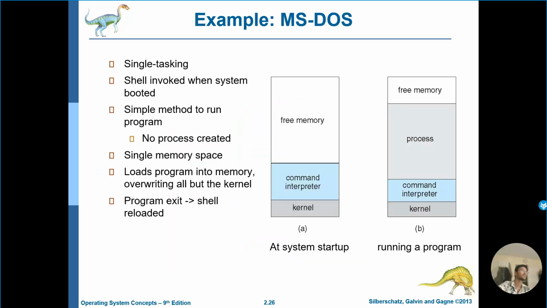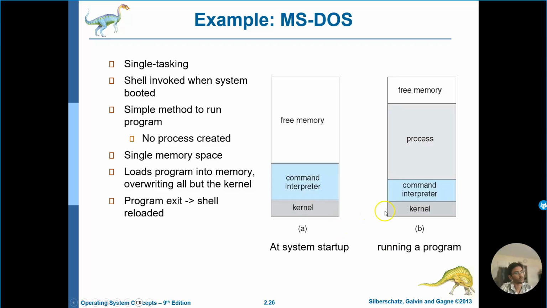This is an example of how single tasks are processed. So what does the stack, how does memory look? At system startup, you have the kernel, the command interpreter, and free memory.